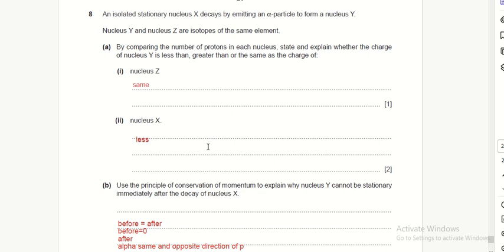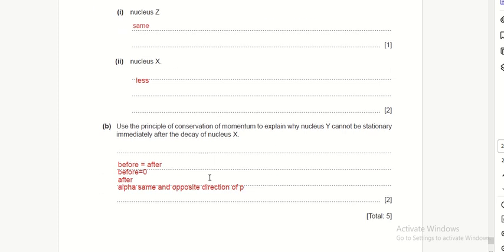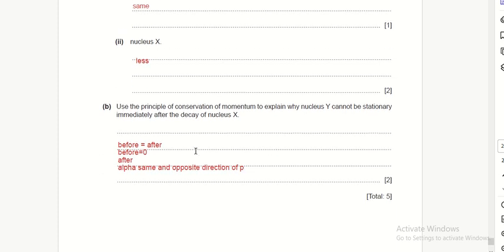Why can Y not be stationary after decay? Because from the conservation law of momentum, momentum before equals momentum after. Momentum before is zero because we have one single nucleus, X, and it was stationary. Momentum equals mass times velocity.